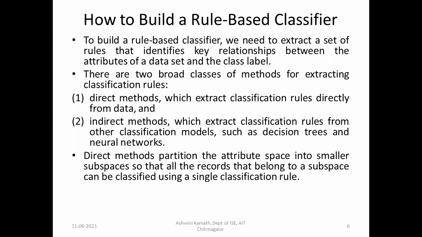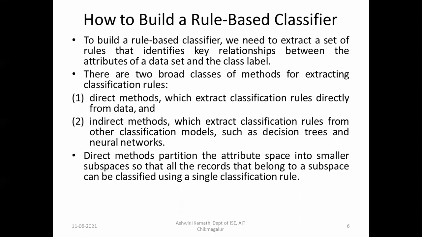Direct methods partition the attribute space into smaller subspaces so that all the records that belong to a subspace can be classified using a single classification rule. Every classification problem has its own attribute space, that is, the values of the attributes and what kind of classification is assigned to them.